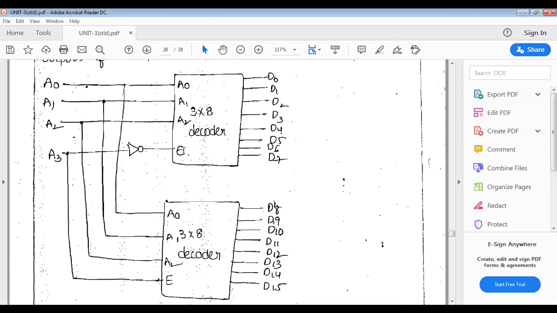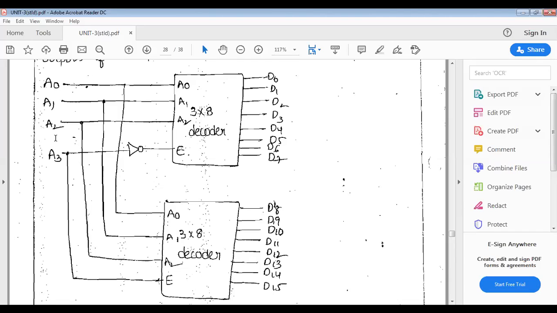Let us see the enable input. Here the enable input is complemented. When A3 is equal to 0, the inverter output becomes 1, and this is the enable, while the directly connected 0 is a disable.